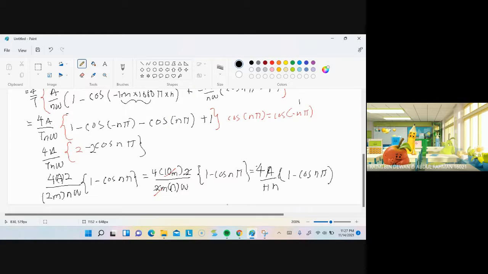So here, your omega is actually what just now? 1000 pi. Then you have 4a, the amplitude, then omega, and then you have pi and n, 1 minus cos n pi.